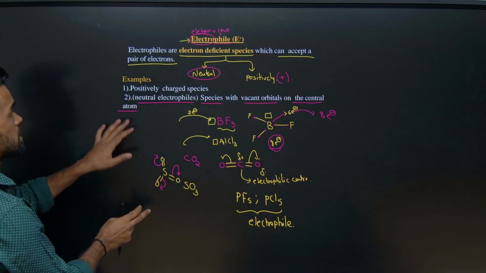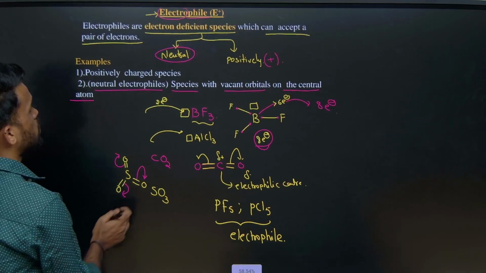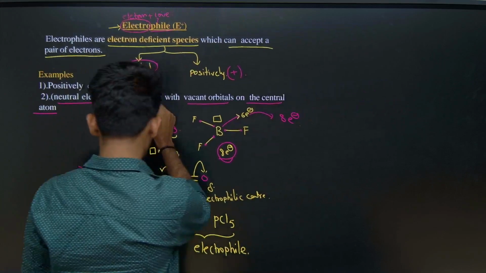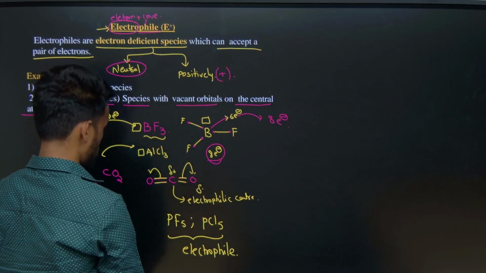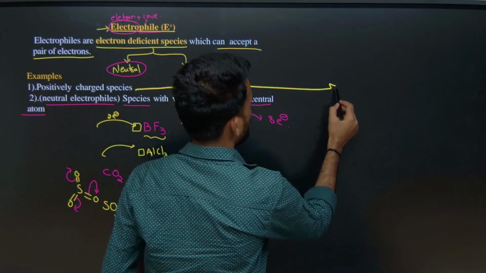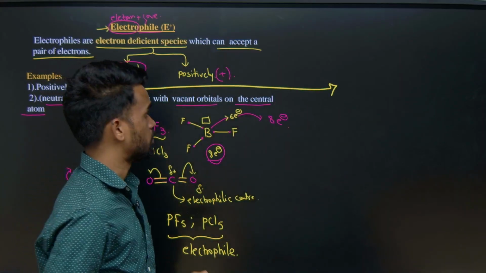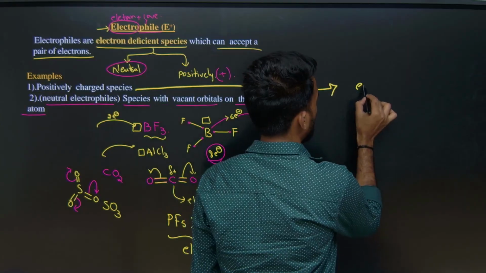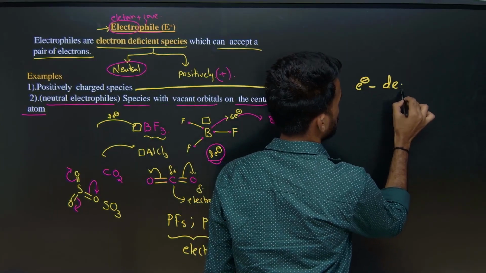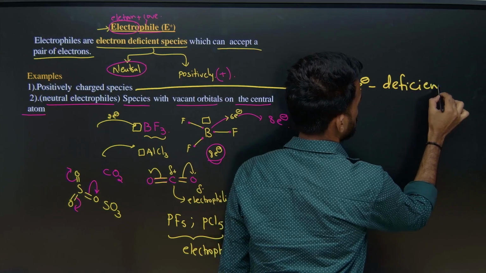Now we need to discuss positively charged species, positively charged electrophiles. What do we mean by positively charged? It should be an electron deficient compound.